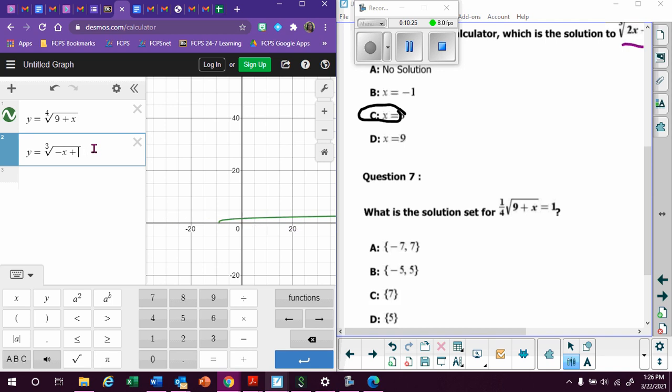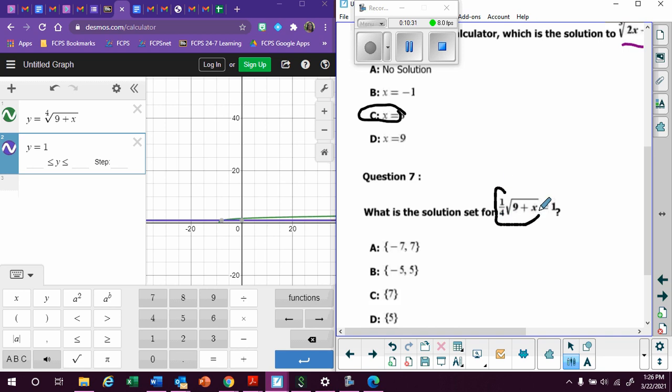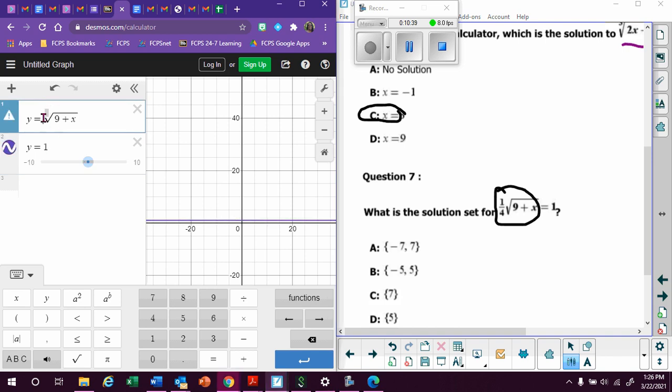And then the next equation will be just the 1. Oh, this might not be the fourth root. Sorry, it's just 1/4, 1 divided by 4.